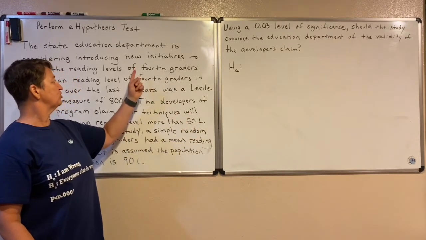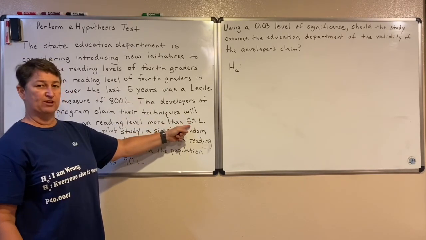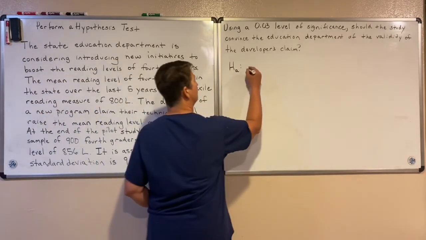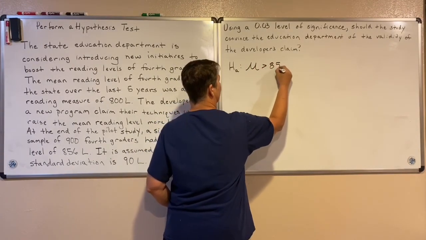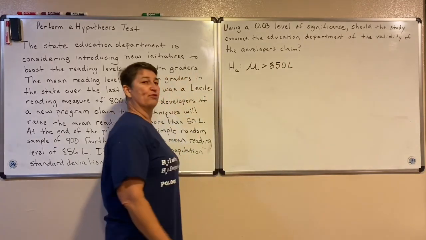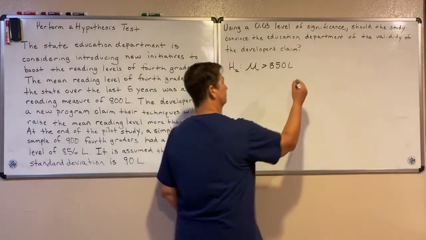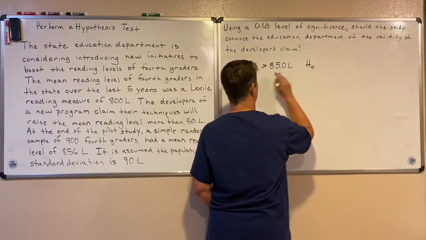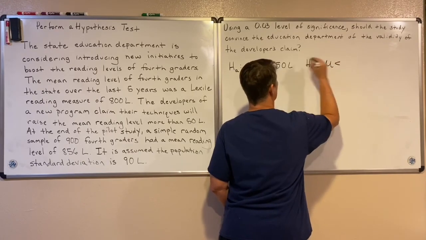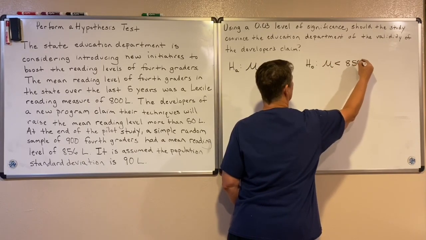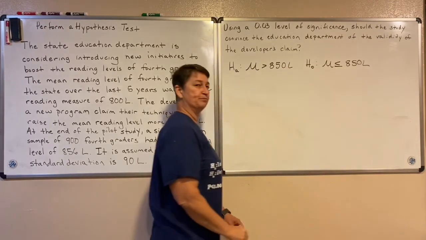Well, if they originally were at 800 Lexile and they're increasing more than 50, then they're claiming that the mean will be greater than 850 Lexile. So that's the alternative hypothesis. Then our null hypothesis is the mathematical opposite of that. So instead of greater than, we're just going to put less than with the 850. But then remember that the null hypothesis always includes the equality.